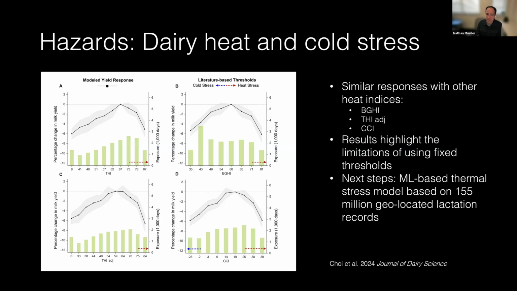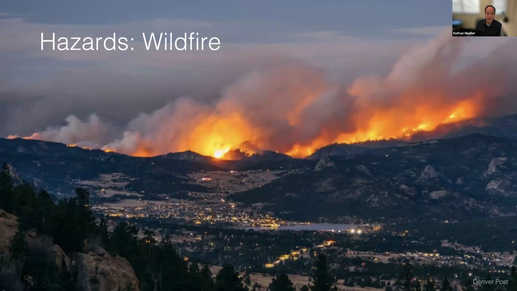So we're trying to use an explainable machine learning approach to understand how different weather conditions affect stress. And we have partnered with the Dairy Records Management Services, and we have 155 million geolocated lactation records that we're building this model from.